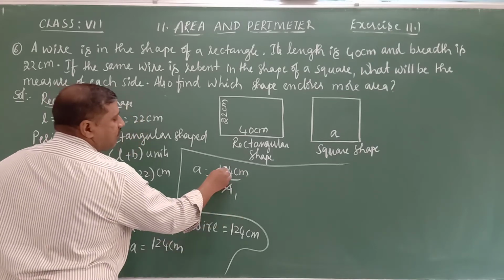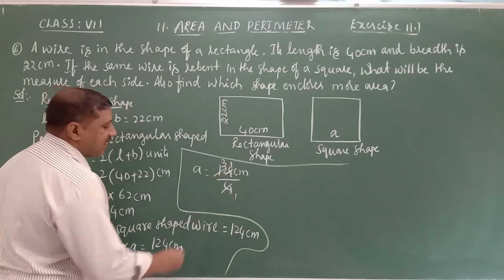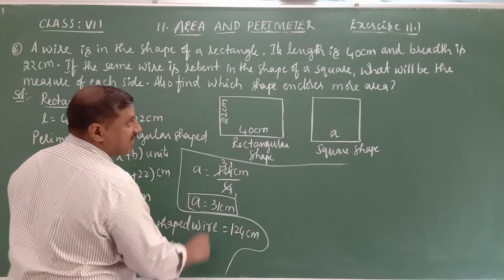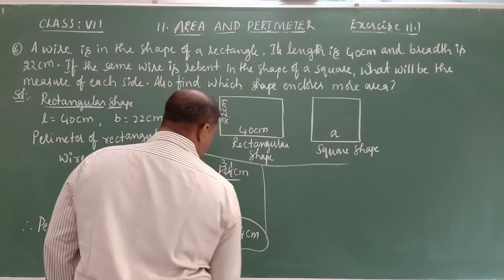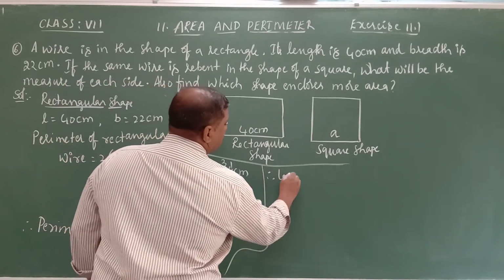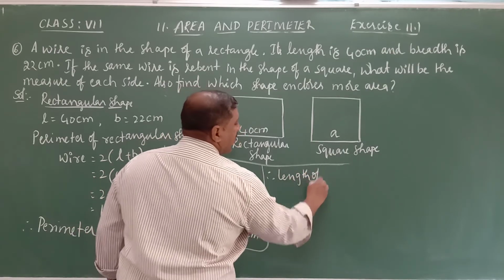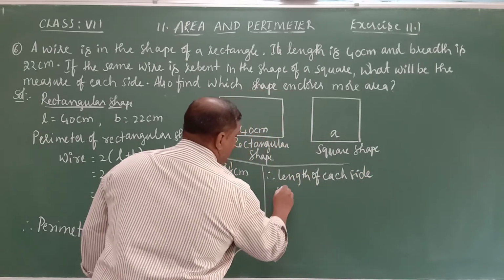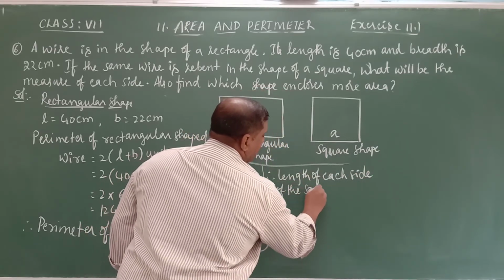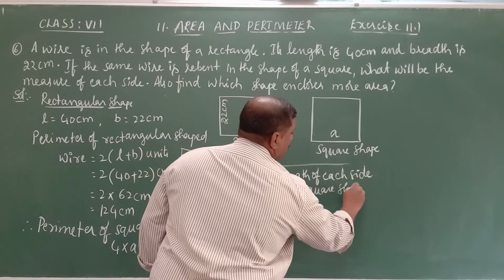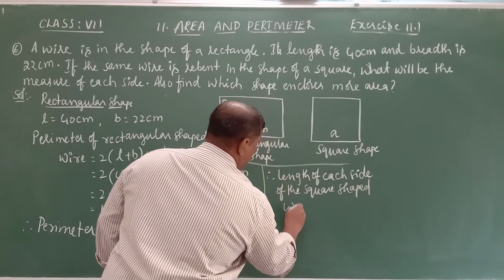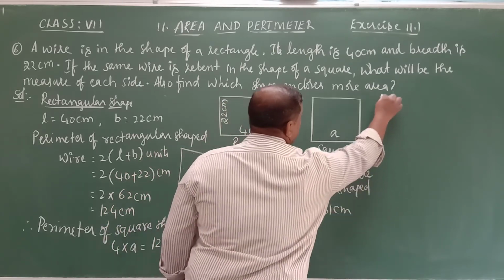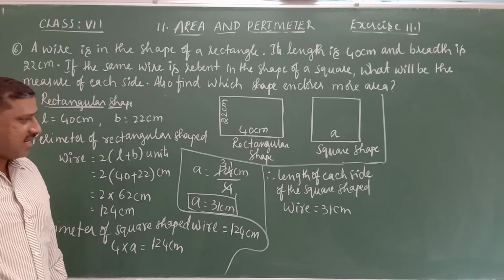4 ones are 4, 4 threes are 12, 4 ones are 4, so 31. Therefore A is 31 centimeters. Therefore the length of each side of the square-shaped wire is 31 centimeters.